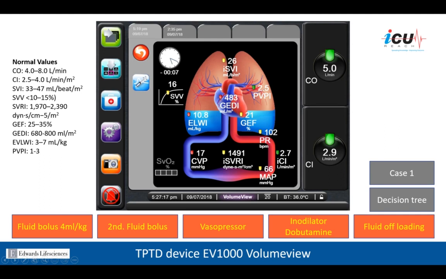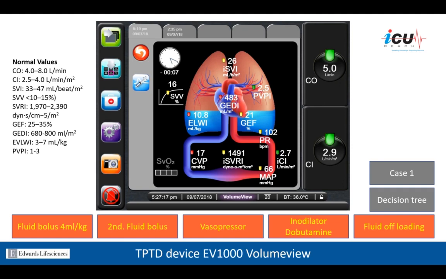483. Now combined with a stroke volume index of 26, which is decreased (normal is 33 to 47), in addition to a stroke volume variation of 16%, despite the fact that this patient is on 6 ml per kg of tidal volume on mechanical ventilation.